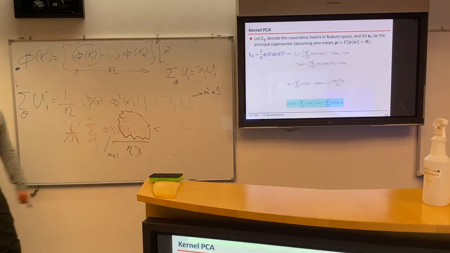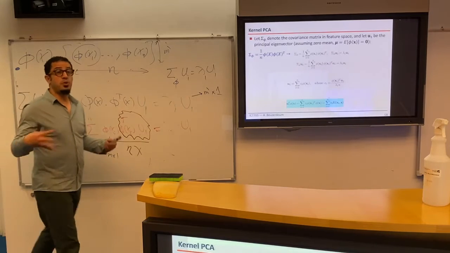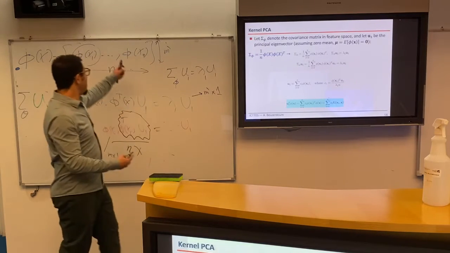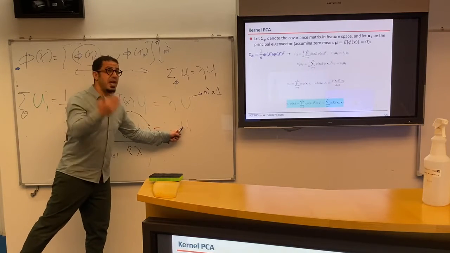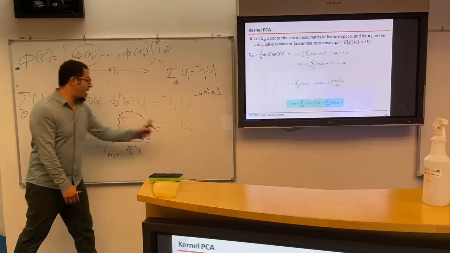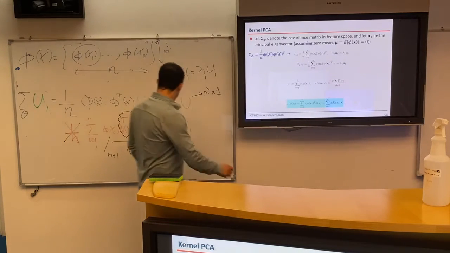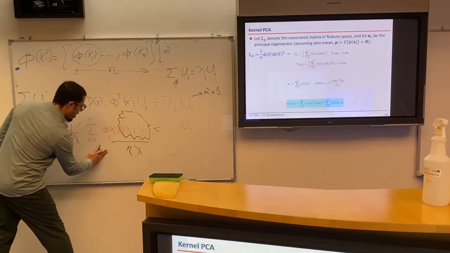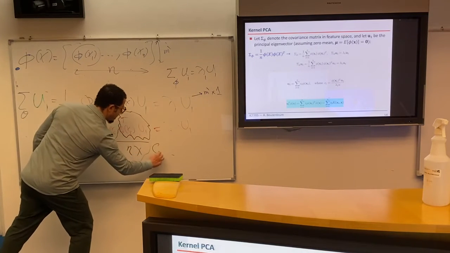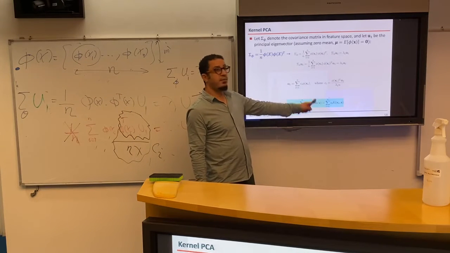So the vector u1 is the sum of this. I'm writing it this way because phi we cannot have explicitly, and this is the same dimension. We don't know the number of new features. So u1 is the sum of this. And all these coefficients I will call Ci, which is exactly here. So u1 is the sum of Ci phi of x.